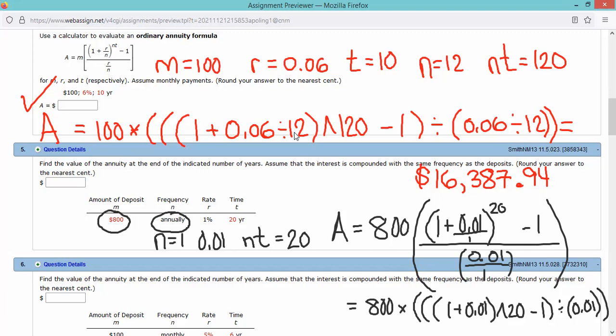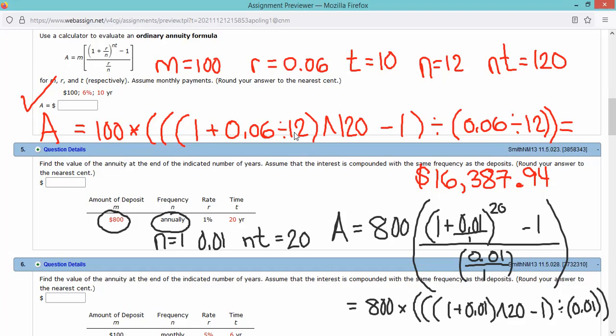And stick this in, 800 times, this is a better answer. Okay, that looks better.